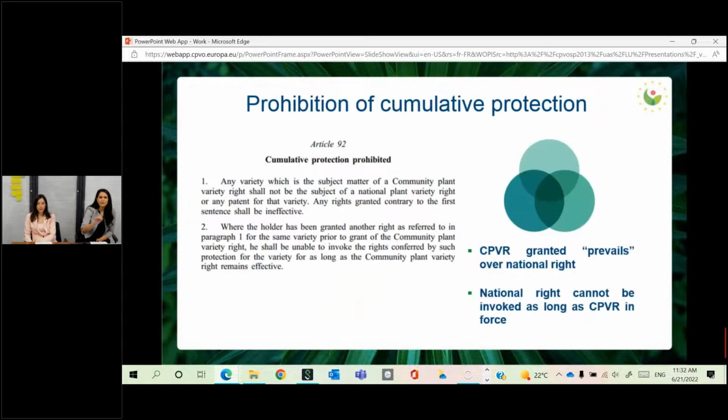However, we have Article 92 of the Basic Regulation that reminds us that there is a prohibition of cumulative protection. What happens? Regardless of whether the national right was applied for before or after the community plant variety right, the community plant variety right always prevails.